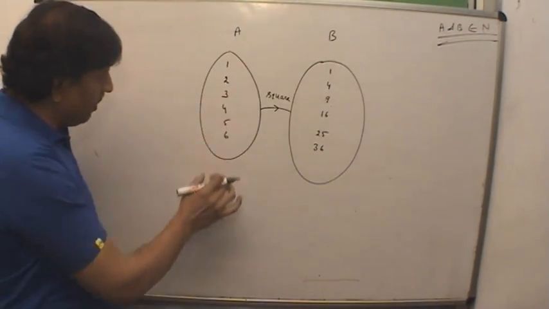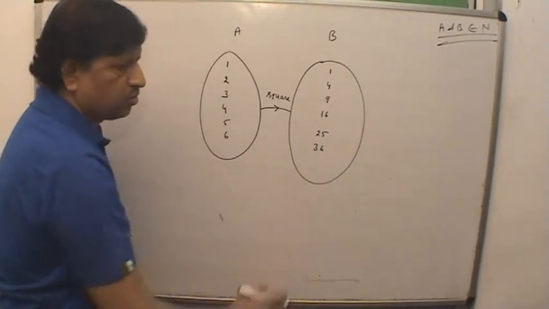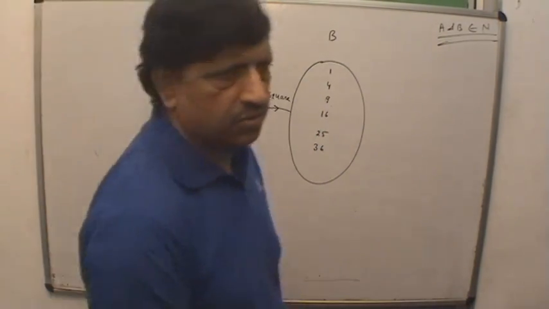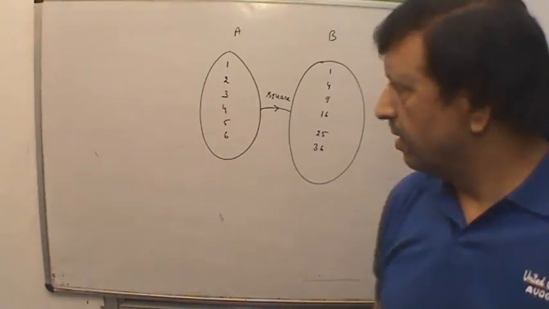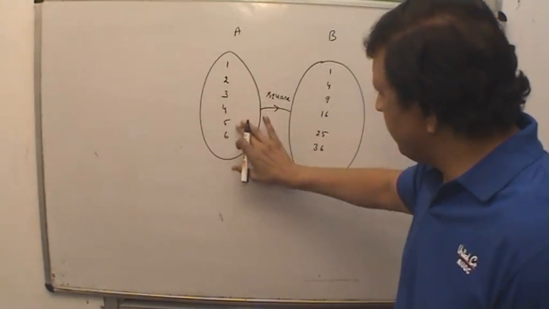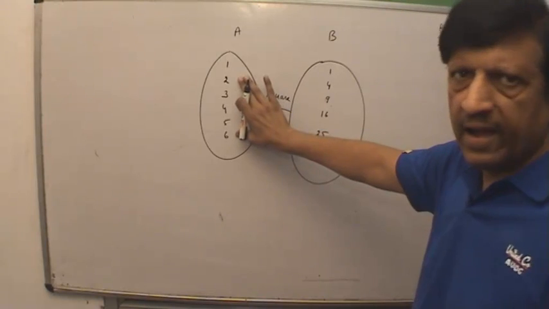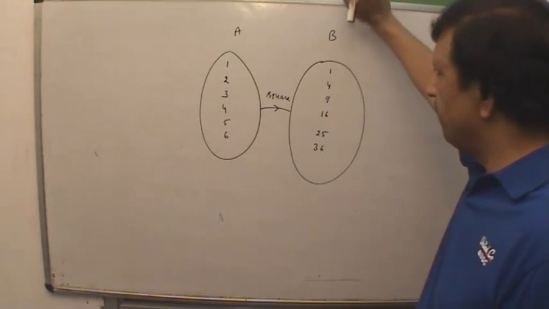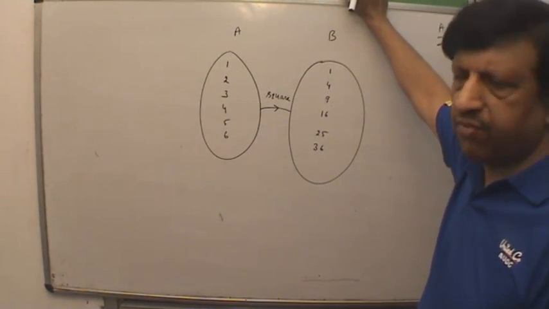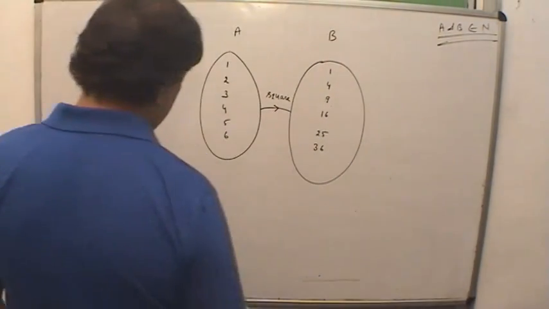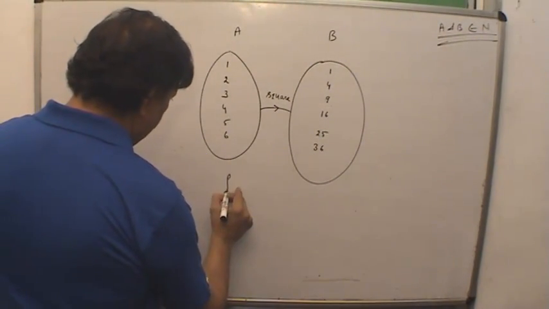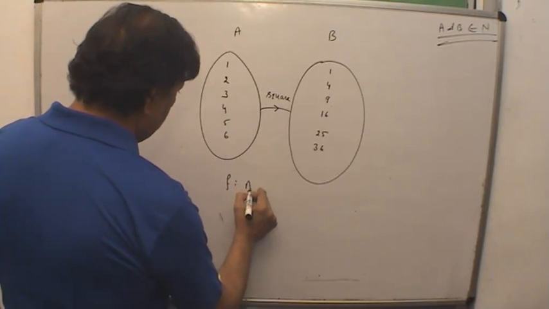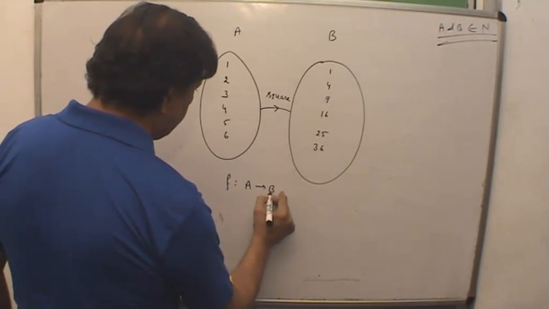These are all natural numbers and these are also all natural numbers. If we say in this way, every member in A has its square in B, that is a function. We can represent it in this way. F is a function from A to B.